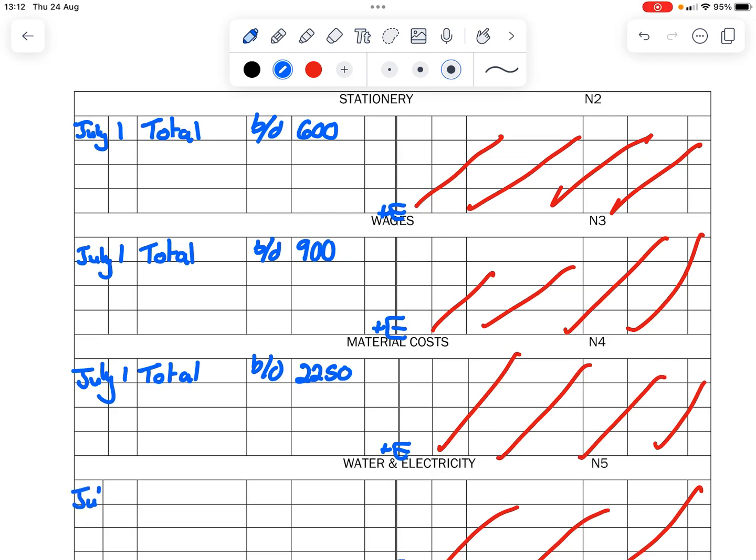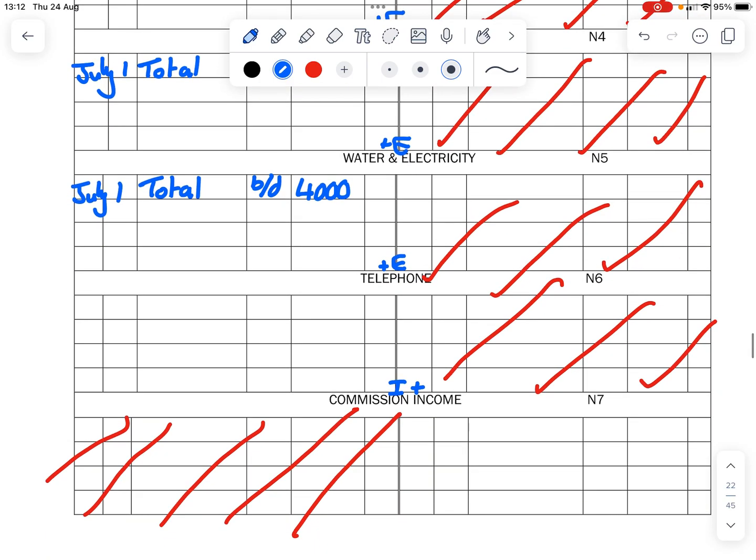Water and electricity on July the 1st, our total brought down from the previous month, and we're working with 4,000 for water and electricity.